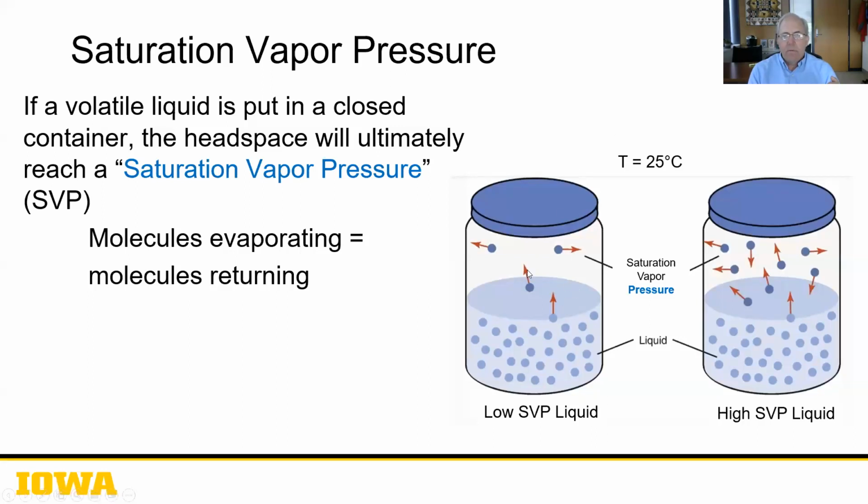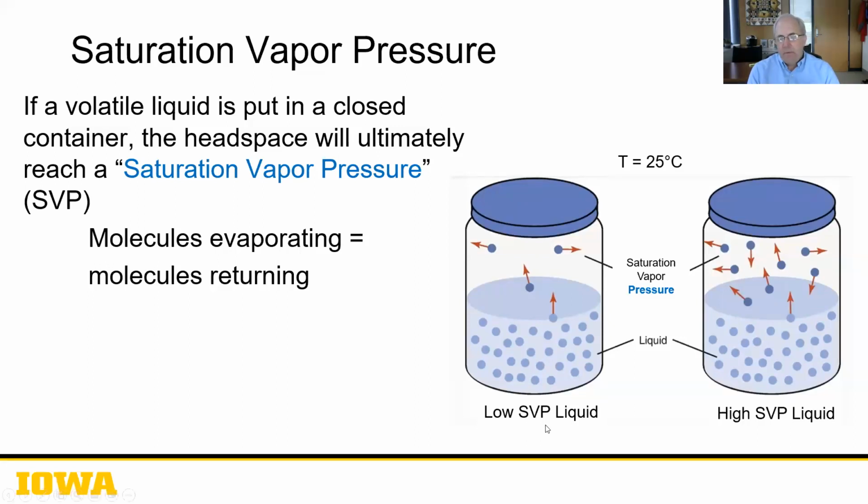The liquid is capable of evaporation under this temperature condition, and ultimately the molecules evaporating are equal to the molecules returning back to the liquid state itself. So it becomes an equilibrium state at this certain pressure.